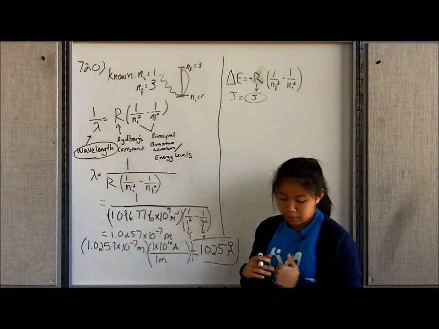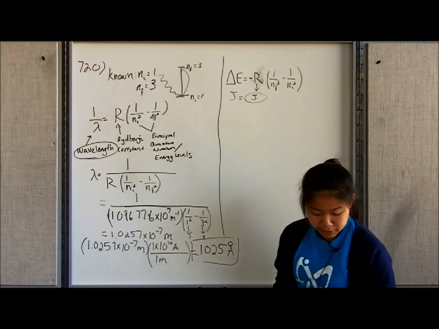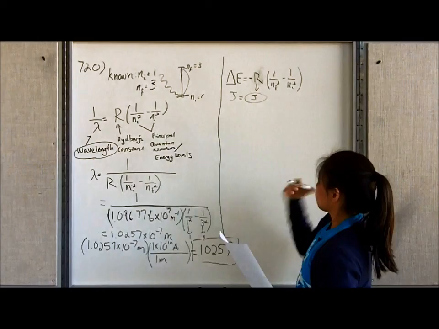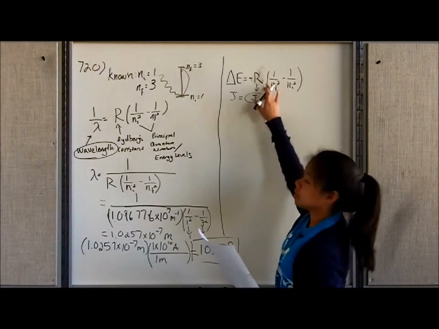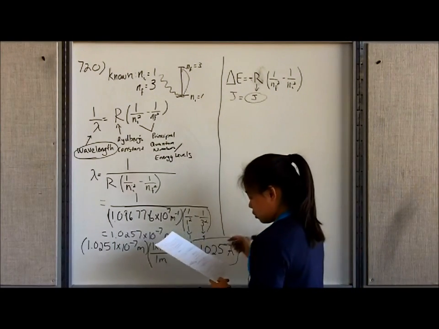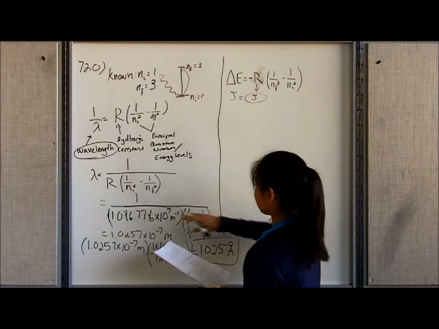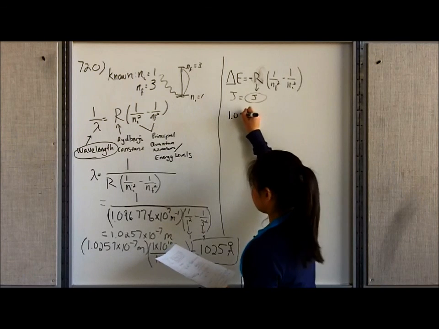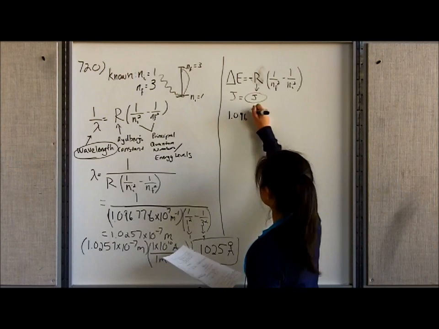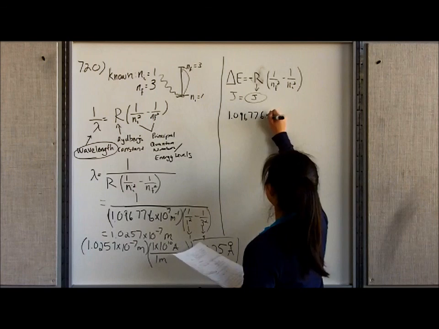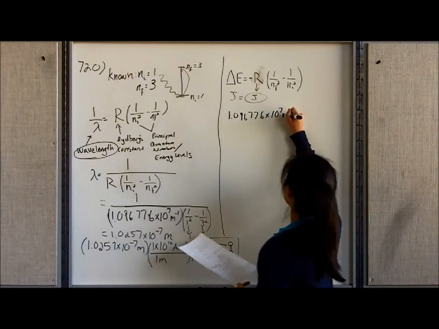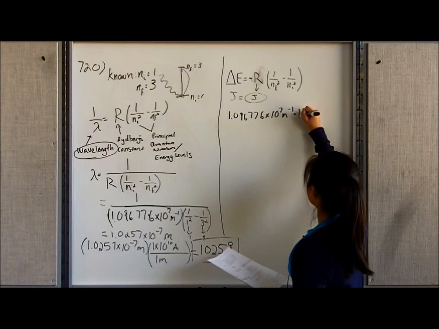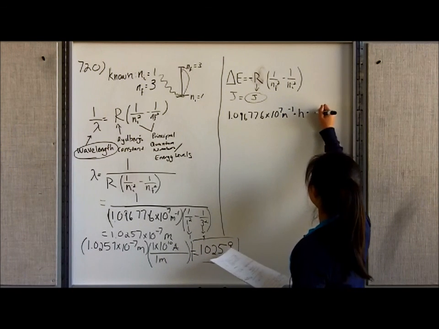And the way that you do it, I'm pretty sure they give it to you in the book, but the real reason you get to this constant for energy is you take your constant here, which is 1.096776 multiplied by 10 to the 7th inverse meters, multiplied by Planck's constant, multiplied by the speed of light.